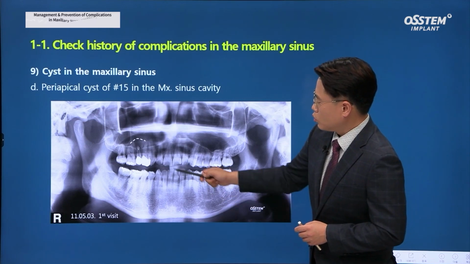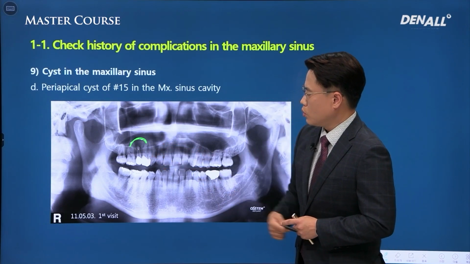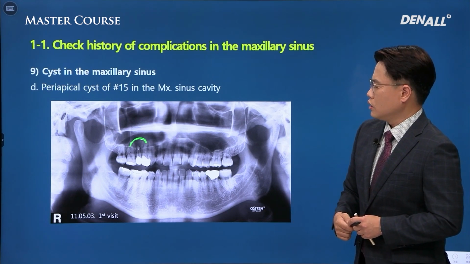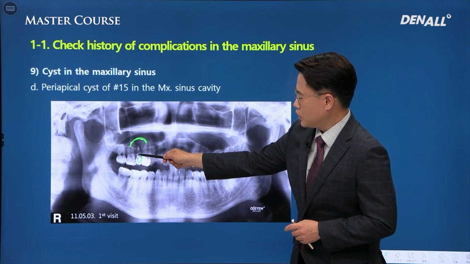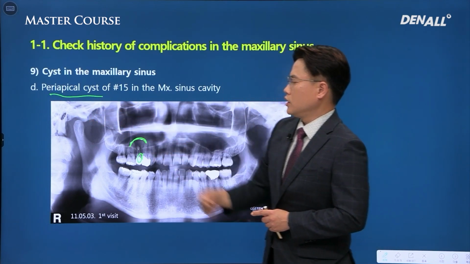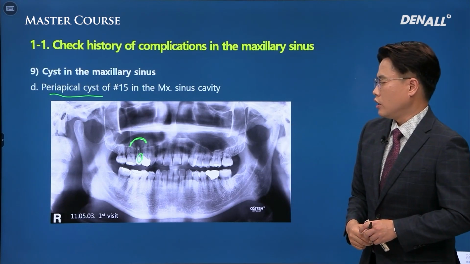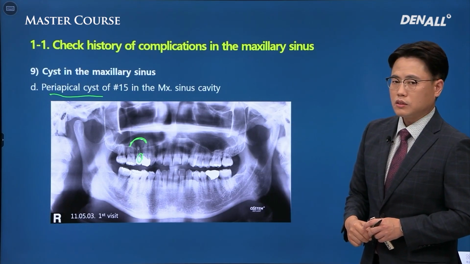It's similar to MRC and it may look like a dome shape. You need to check whether it is a periapical cyst of an adjacent tooth, or if number 5 is extracted, you need to check whether it is a residual cyst.